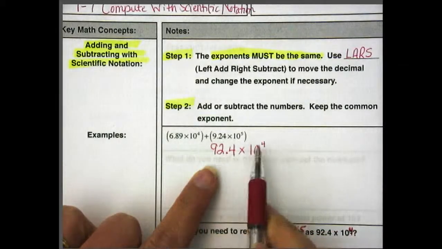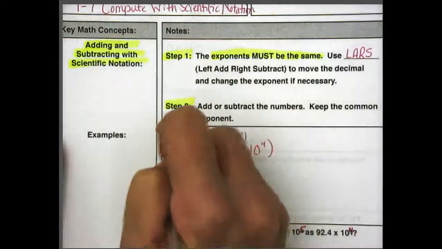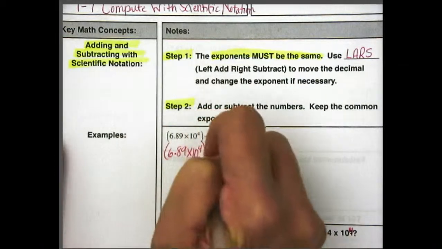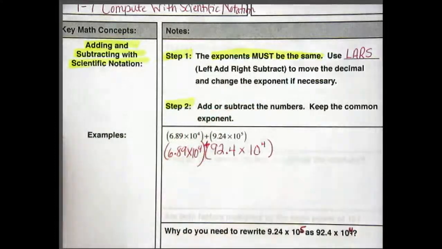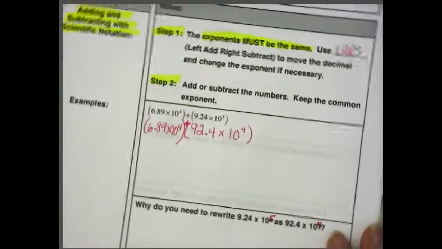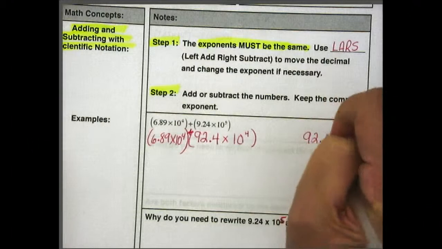So right, subtract. So now we have 6.89 times 10 to the 4th plus 92.4 times 10 to the 4th. In order to add these numbers, when we add decimals, we have to line up our decimal points.